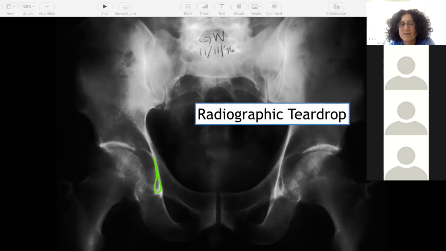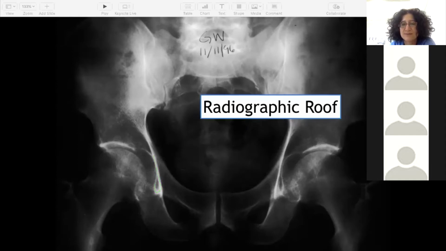Those are typically features of fragility fractures of the acetabulum. Sometimes you'll see the teardrop divided in two, which suggests a vertical fracture line passing through the medial wall. So that's also something to look out for.